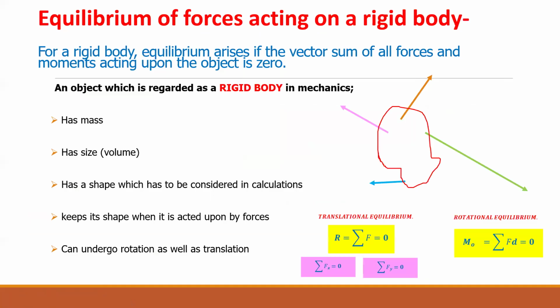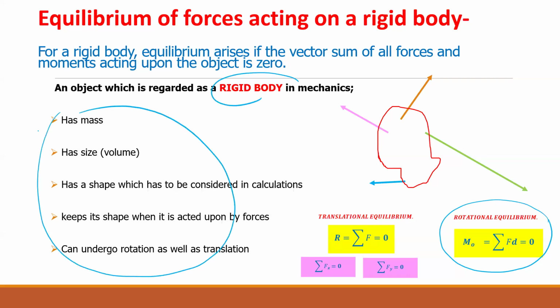Okay. Now the rigid body. In the rigid body, I told you we need to consider the rotational equilibrium as well. You need to find the moment about any point and make it 0. So what is a rigid body? These all are true, but you don't need to remember all this.